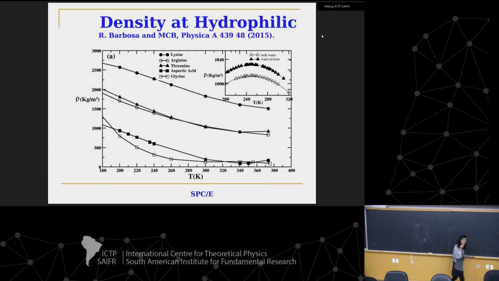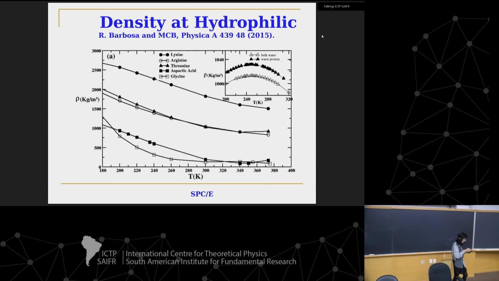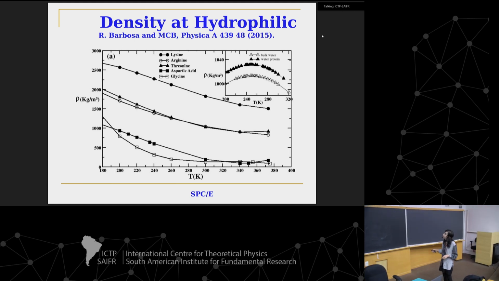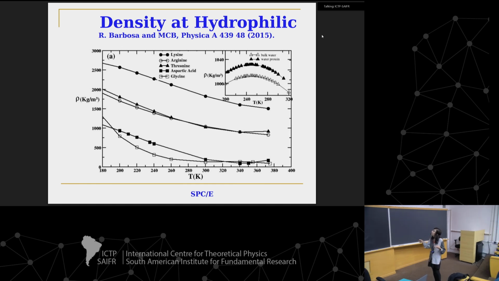Always around the specific site, I calculate the density for distinct temperatures. And the first thing that this shows is that as I increase the temperature of my system, the water goes away.